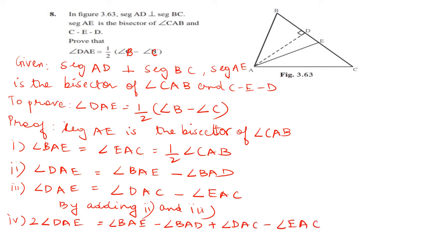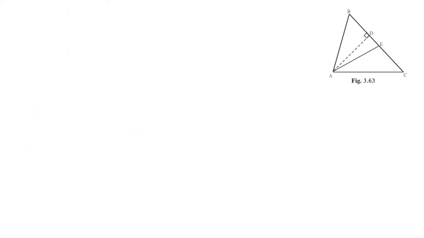But we have proved that BAE is equal to EAC. So your BAE and EAC can be cancelled. Correct? So the next step would be that twice angle DAE is equal to angle DAC minus angle BAD. That is from 1. Now we have got DAE on the left hand side, which we wanted.